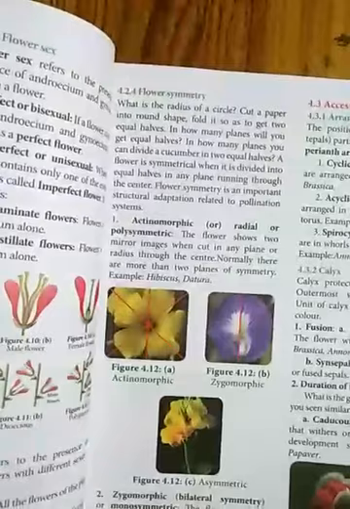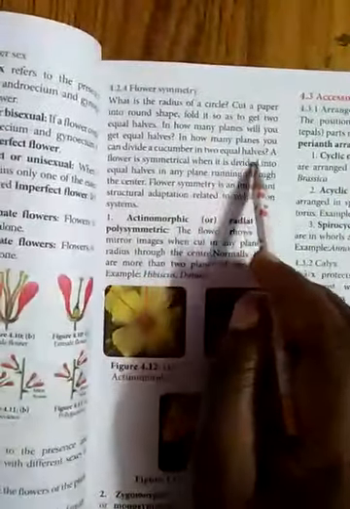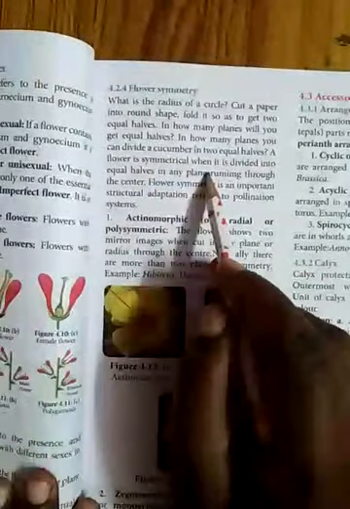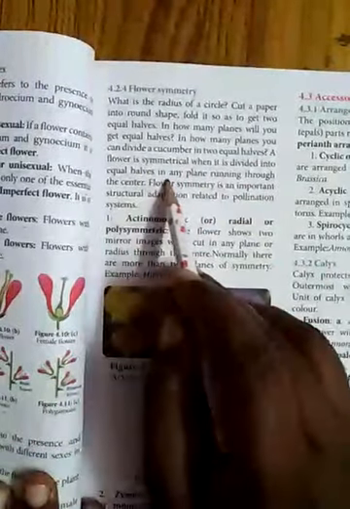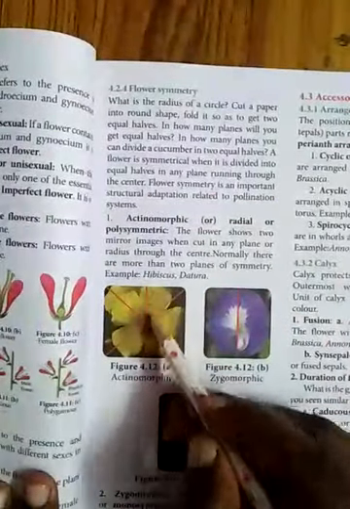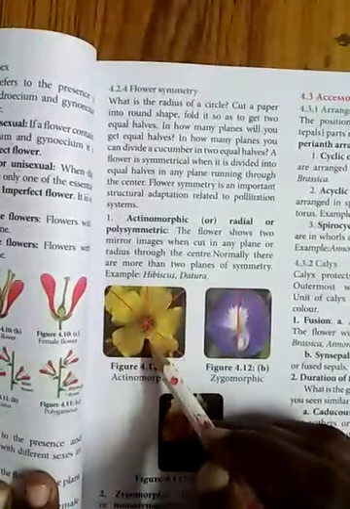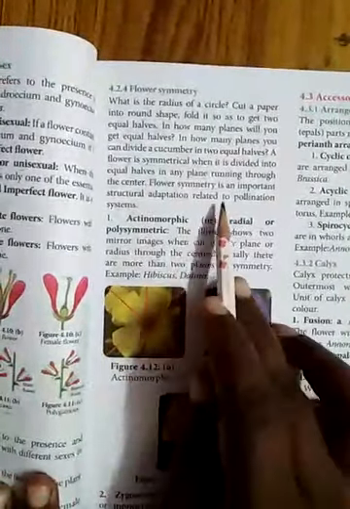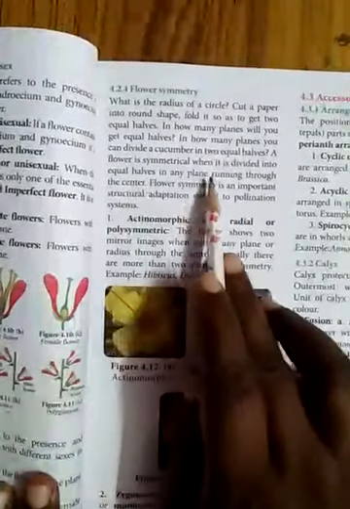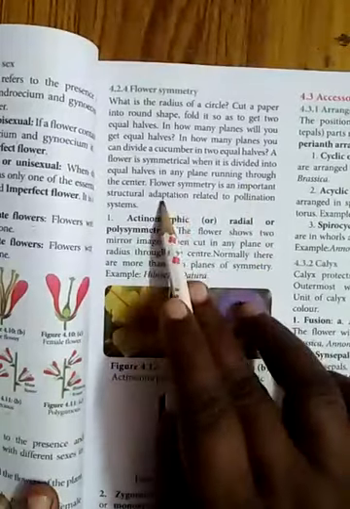Next we are going to study about flower symmetry. So here you know what is flower symmetry. A flower is symmetrical when it is divided into equal halves in any plane running through the center. So suppose this is a flower, if we cut through the center in any plane you will get equal halves, then it is called symmetry.